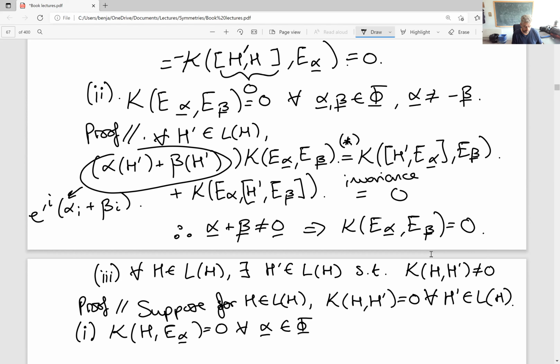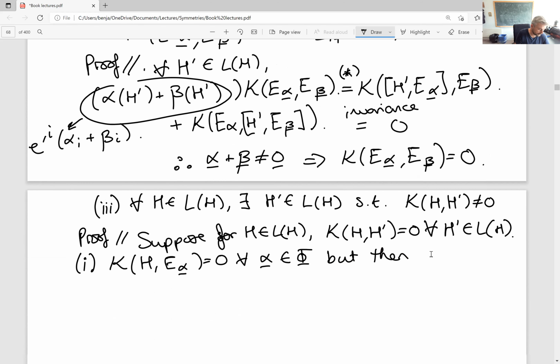If we combine this with the fact that the killing form is 0 for all elements of the Cartan subalgebra as well, then the two together imply that k for h and any x in the Lie algebra is 0.